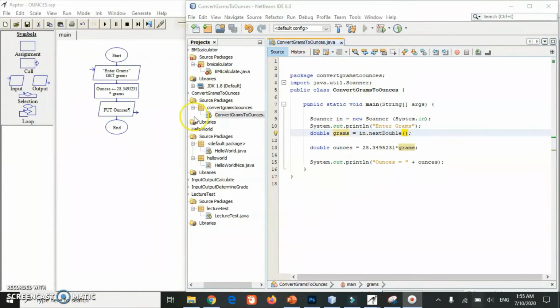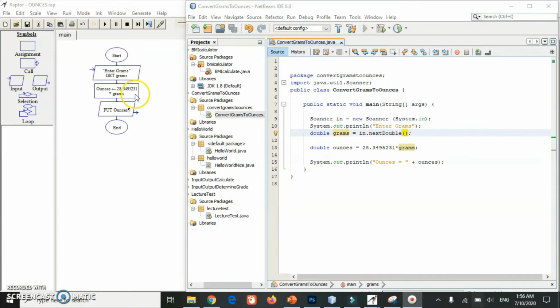Okay, lastly, we type the code following the flowchart. First, enter grams to get the grams. We put System.out.println, enter grams, to be entered on the keyboard, and then we put double grams, double to get grams as a real number, and then we put double ounces.